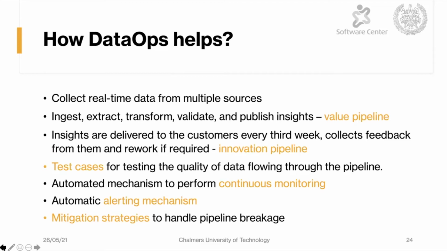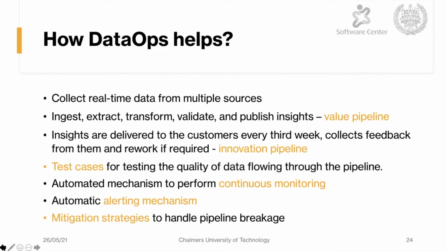And there are certain components in DataOps that help to manage data in the industries. They are the value pipeline, innovation pipeline, test cases, continuous monitoring, alerting mechanism, and mitigation strategies. The value pipeline helps to collect real-time data from multiple sources, ingest them, extract, transform, validate, and publish the insights.